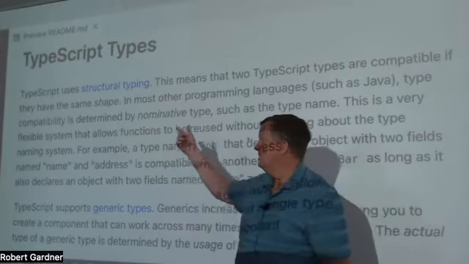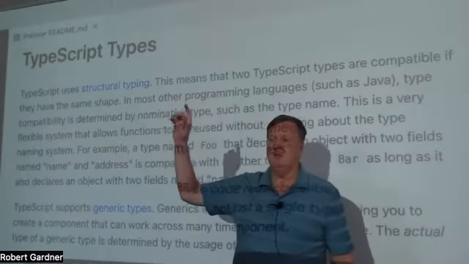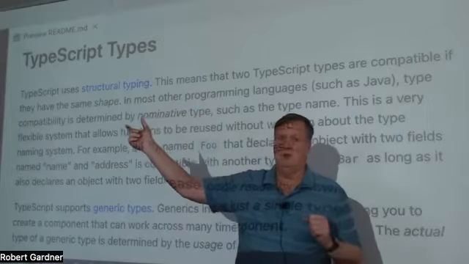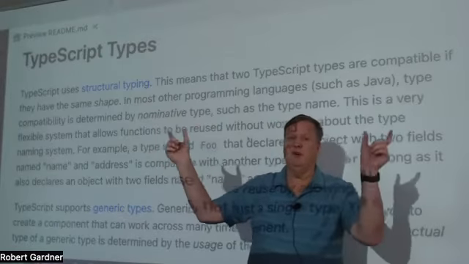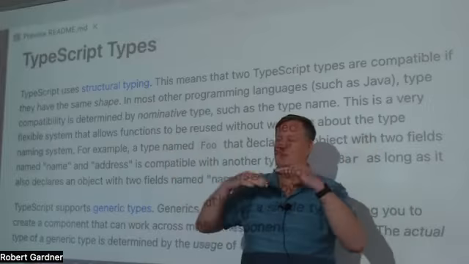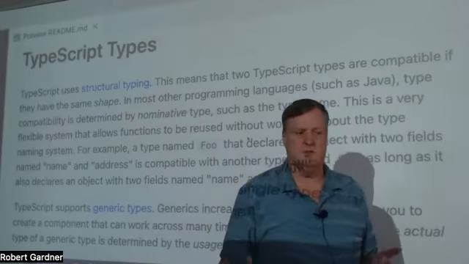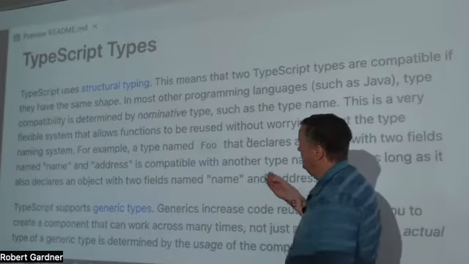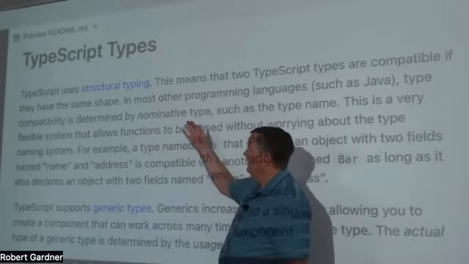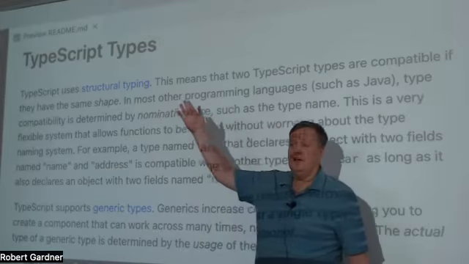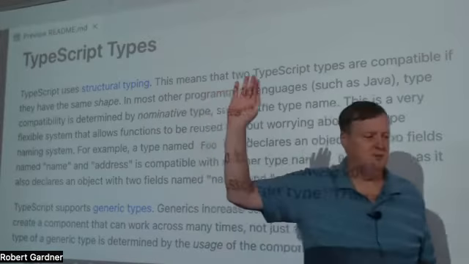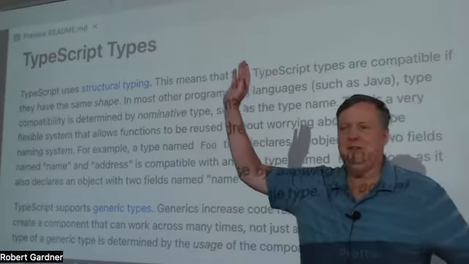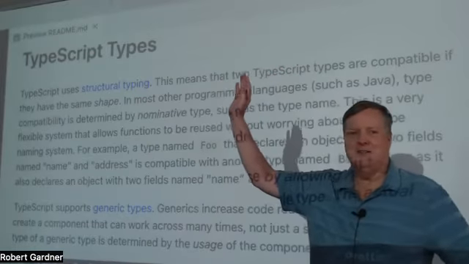Or are they these named ones where I have those three names, success, failure, loading? If they both are declared to be exactly the same, then they're compatible, even if they have different names. And so this is often referred to, lovingly, not as structural typing, because that's kind of a tough word to remember, but we call it duck typing. Anyone heard duck typing? Why do you think we'd call it duck typing?